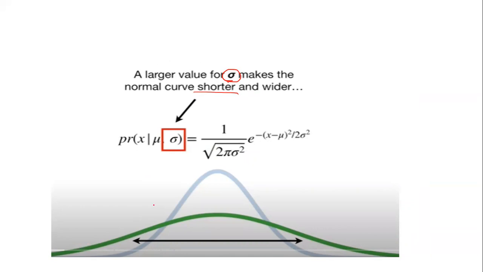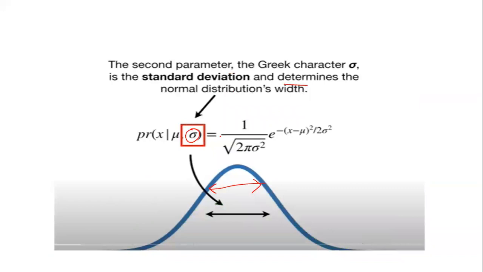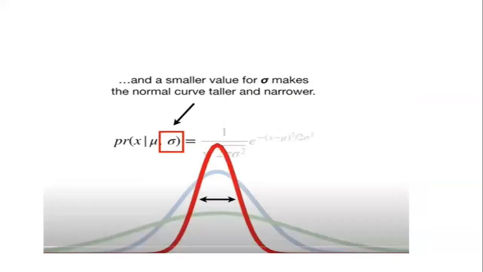If you provide a very high value for sigma, the curve becomes shorter, but at the same time wider. If you provide a smaller value of sigma, the curve becomes taller and narrower.